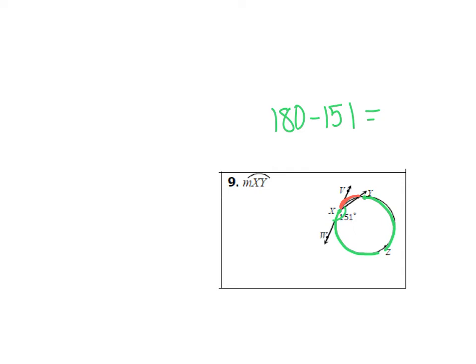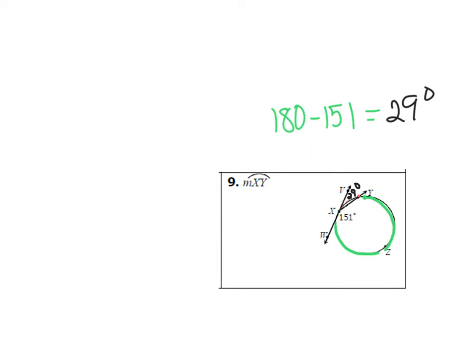It's going to give me 29. 29 degrees. So let's clean this up a little bit. Okay, 29. So I cleaned it up a little bit, and we know that this is 151. So we know that this side over here, the rest of the angle is 29 degrees.